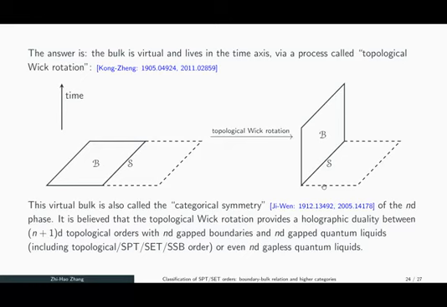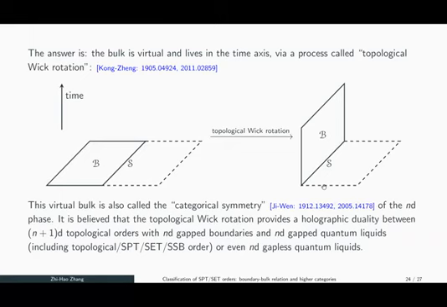And this topological Wick rotation gives us a holographic duality between n+1 dimensional topological orders with n-dimensional boundaries and n-dimensional gapped quantum liquids. Here, quantum liquids include topological orders, SPT orders, SET orders, and spontaneous symmetry breaking orders.